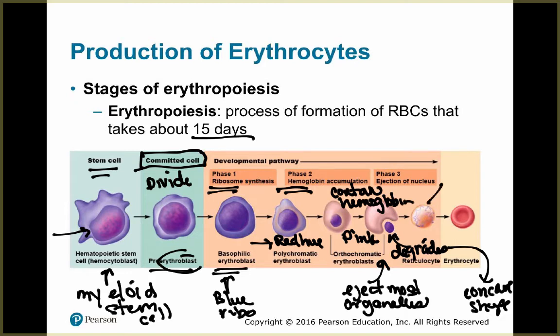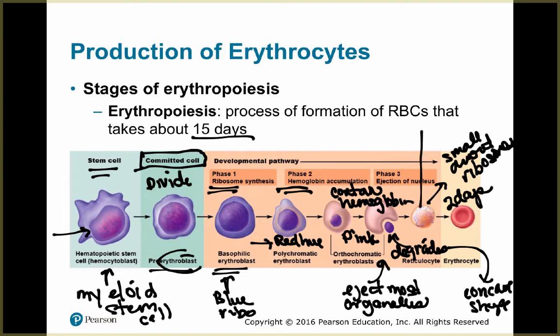Now at this point you get a reticulocyte. They still contain a small amount of ribosomes. And this takes about 2 days for the ribosomes to degrade, and you become a mature red blood cell. You can see that there.